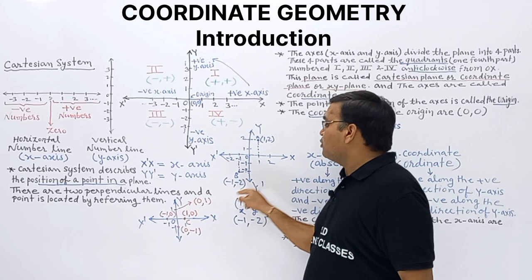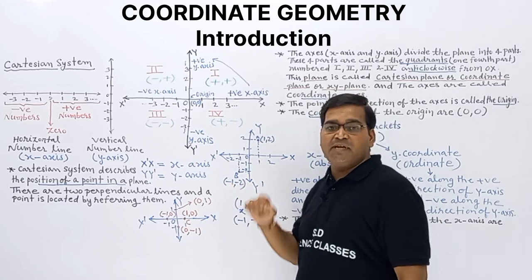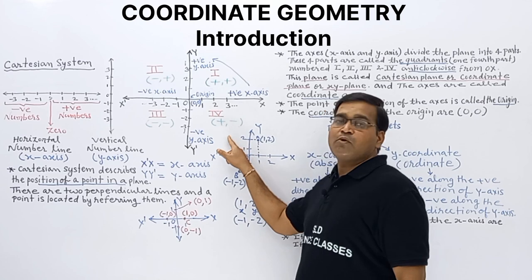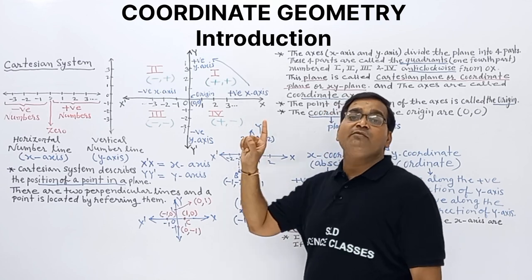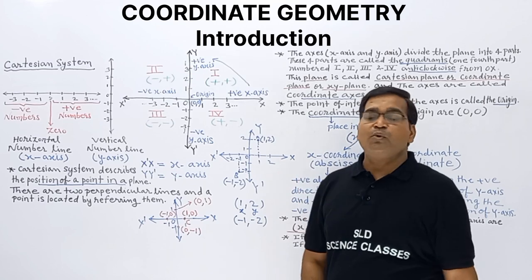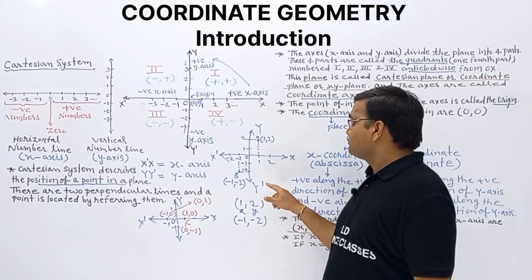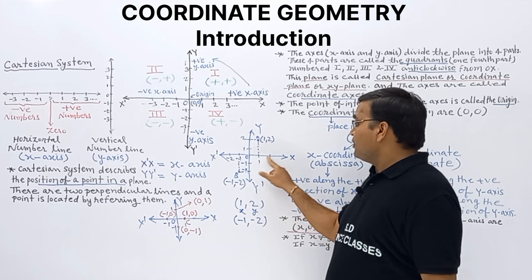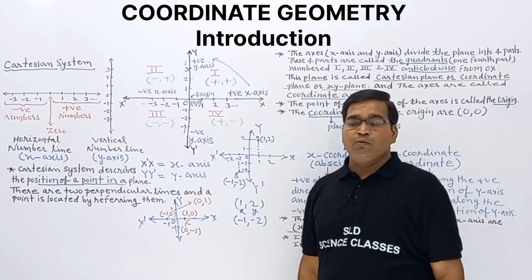If the point is in the third quadrant, then both coordinates will be negative. If the point is in the second quadrant, then the first coordinate will be negative and the y coordinate will be positive. If the point is in the fourth quadrant, then the x coordinate is positive and the y coordinate will be negative.